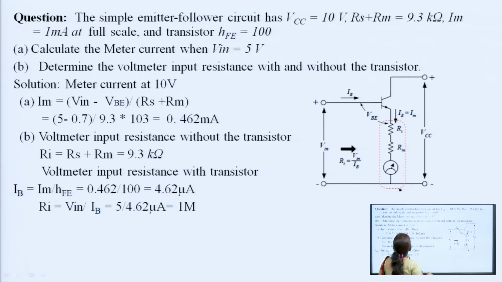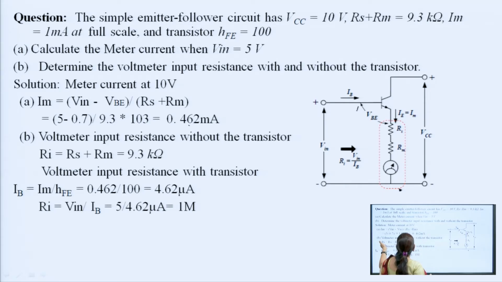So, it will be 0.462 milliampere. When the current for 10 volt is 1 milliampere, it should be 0.5 milliampere for 5 volt input, but here for the 5 volt input the current is 0.462 milliampere. So, the current is reduced because of this voltage drop.